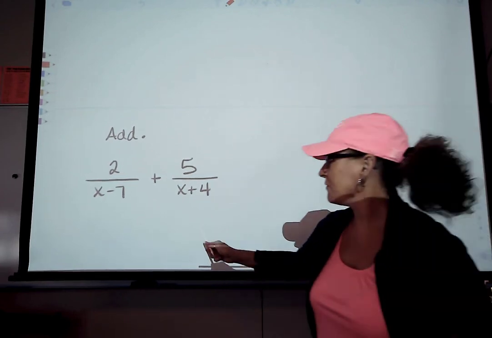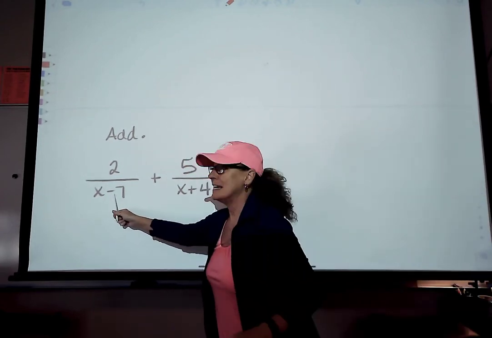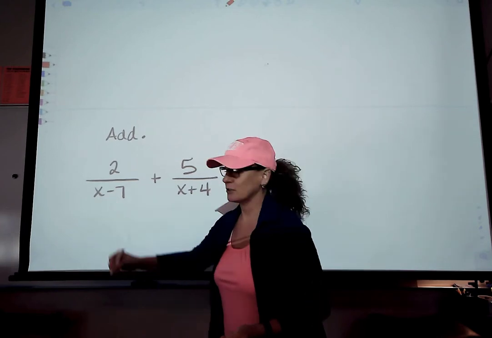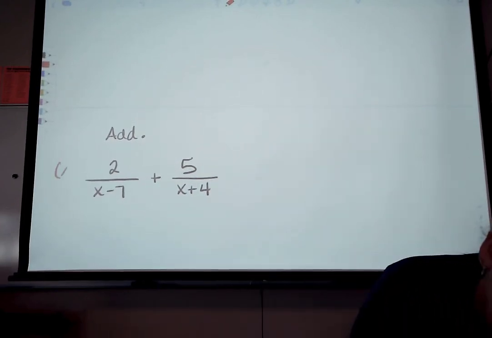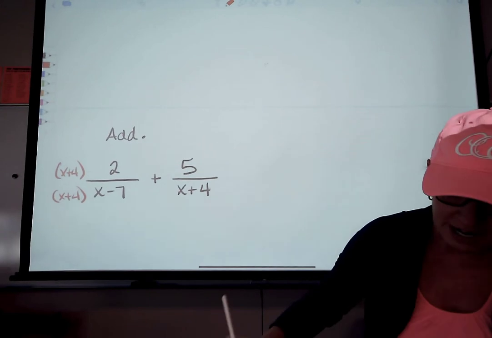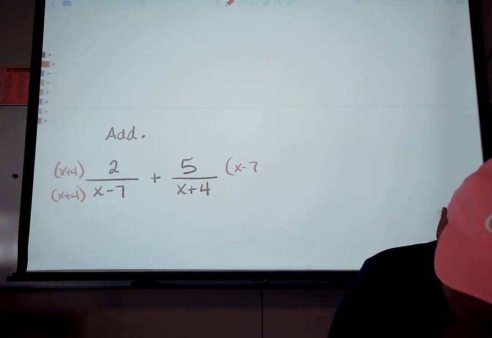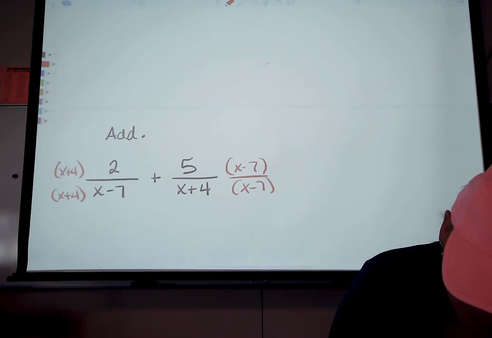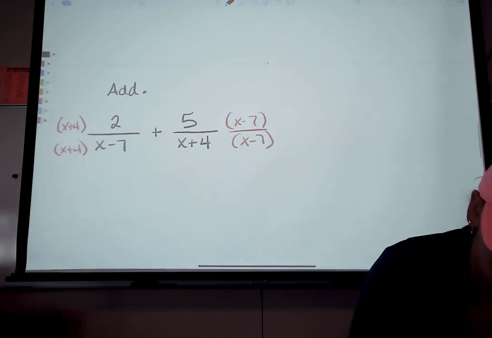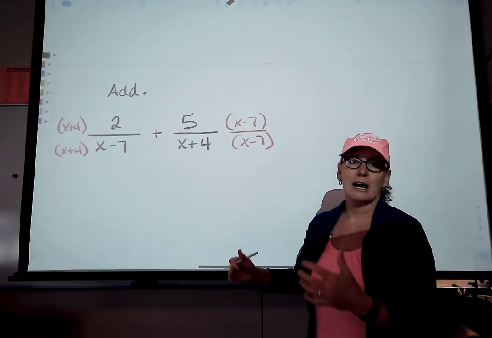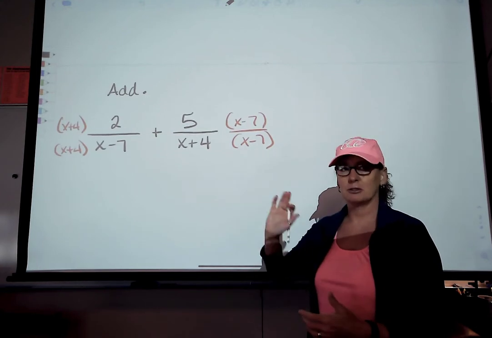So in your first fraction, you're going to need an additional binomial of x plus 4. So we're going to go x plus 4 over x plus 4. And your second fraction needs an additional binomial of x minus 7. What I usually tell you is don't multiply out your denominators, only multiply out your numerators.